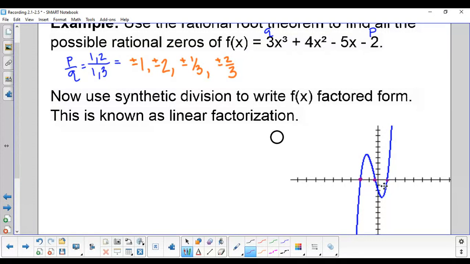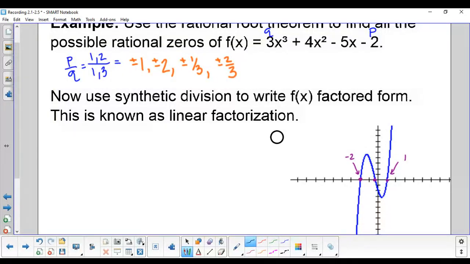As I look at this, this appears to be -2, and that's one of my possible rational zeros. This also looks like it's a +1. Now, this one could be -1/3 or it could be -2/3. I don't know, so I'm going to need to do some synthetic division to break this down.